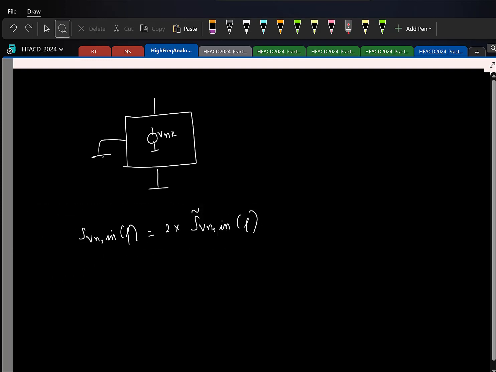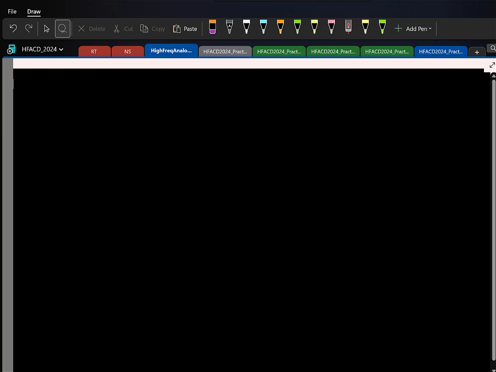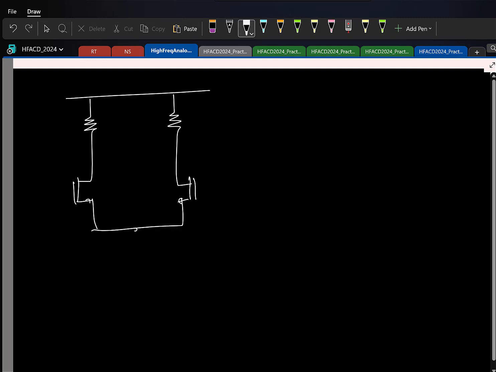So I will just give an example so that you understand it. Let's take a simple diff amp, the fully differential case. Let's say this is the output. To find the input referred voltage noise PSD for this overall differential amplifier, you construct the differential half circuit.